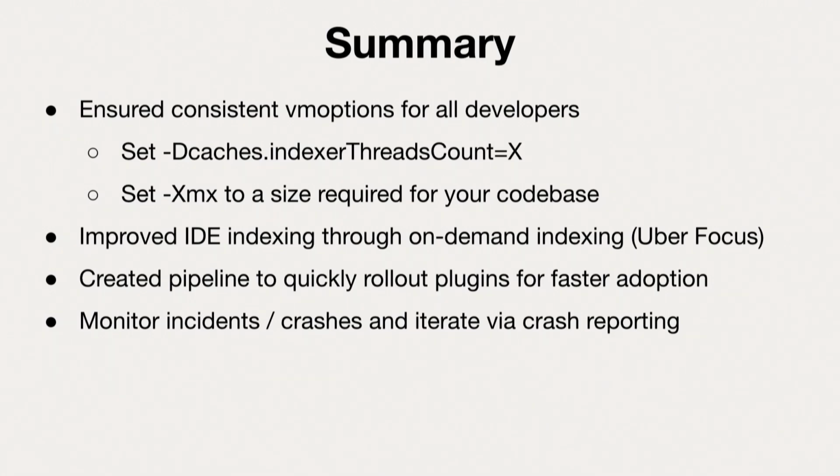The key flags that we set today are the caches.index threads count, which, as I mentioned earlier, allows us to tell IntelliJ how many threads it should use for indexing alone, and also bump up the max heap size that IntelliJ can use for any sort of action, such as indexing or refactoring. In addition, we try to improve indexing through an on-demand approach, so that only based on what the engineer opens or what their context is, those are the only resources that get loaded in memory.